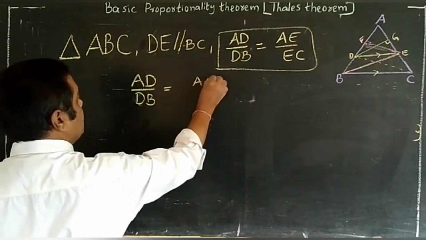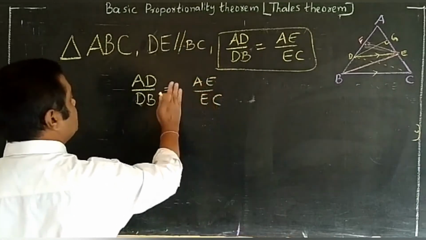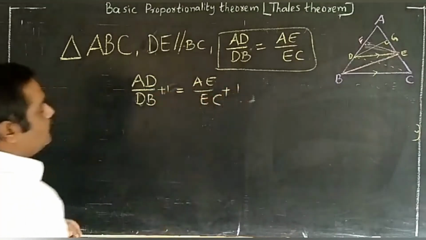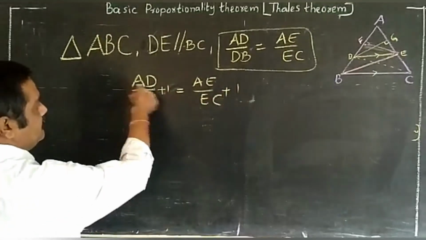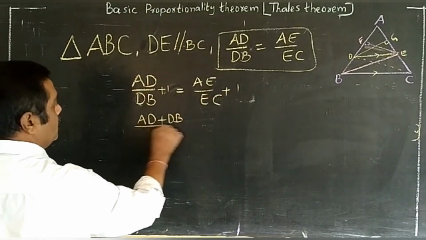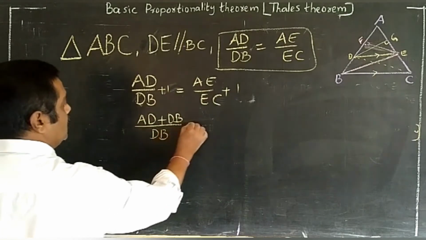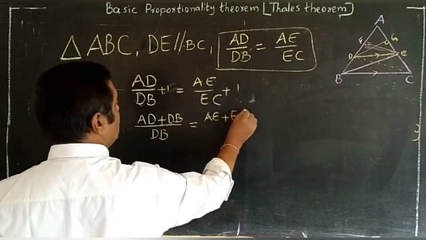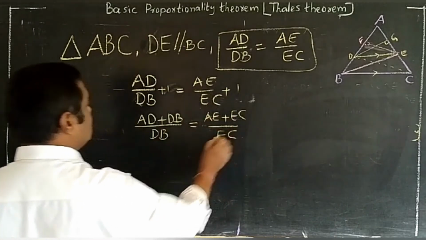Example, we got here AD by DB is equal to AE by EC. The auxiliary formula means we have to add 1 to both sides. What do we get? DB is the LCM and we get AD plus DB by DB equal to AE plus EC by EC. So what we get, children?